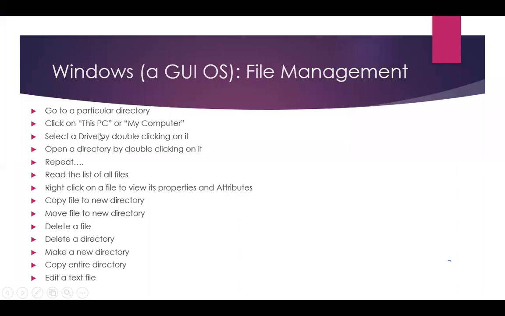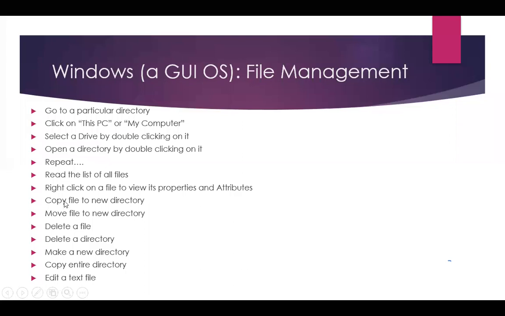I had selected drive C in my case. Then I opened up directories inside C and I repeated this step until I reached the directory of my interest. Then I read the list of all the files there.